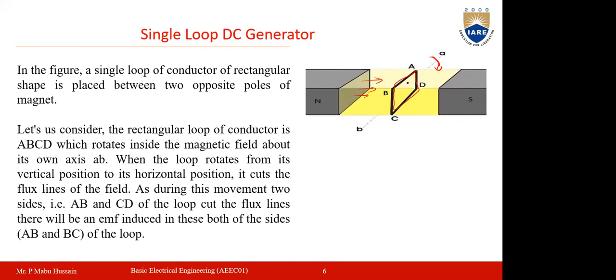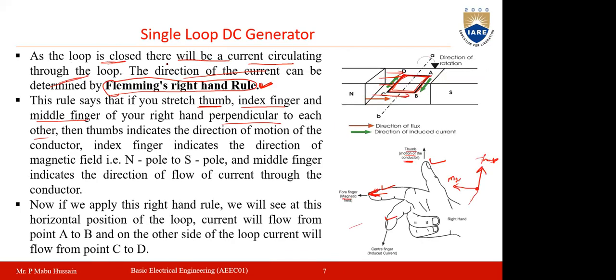That direction of current is given by Fleming's right hand rule. You take your right hand and the first three fingers: thumb, index finger, and middle finger. You have to stretch those three fingers in such a way that all three are mutually perpendicular to each other.